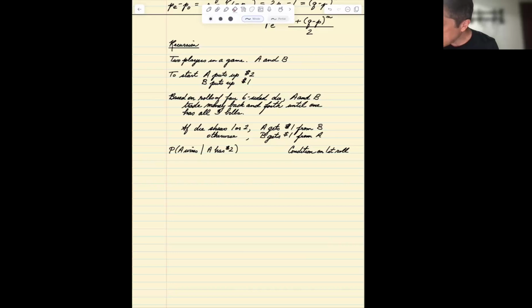Let's write this as P sub A, but implicitly, it's that A has $2.